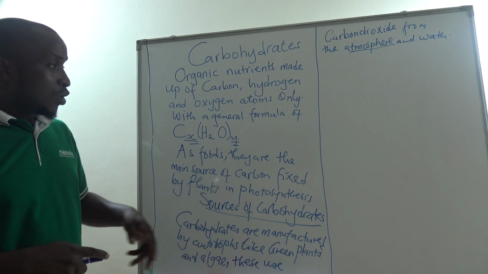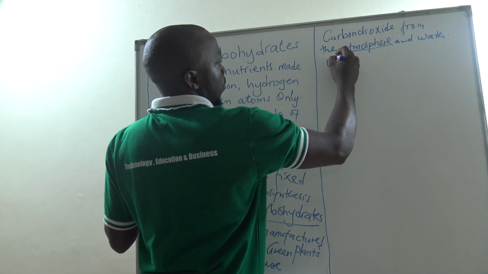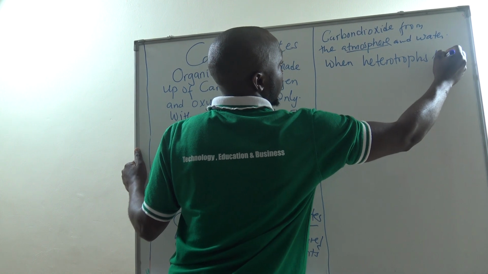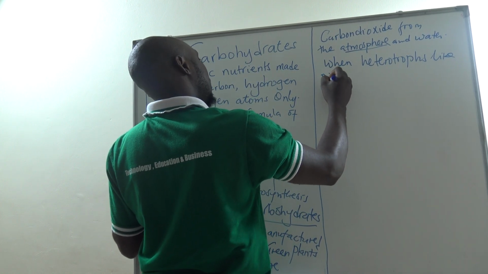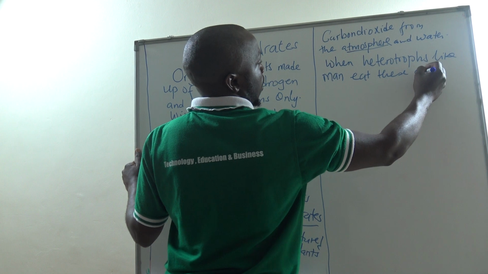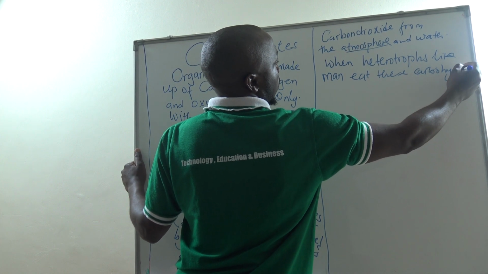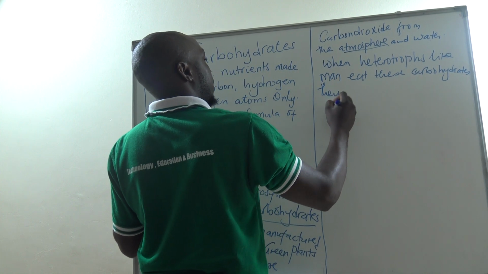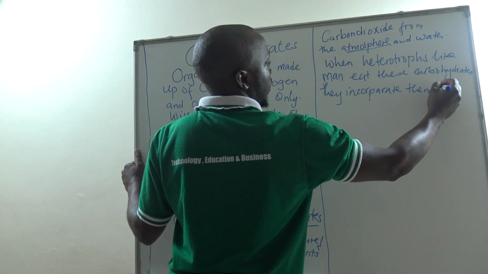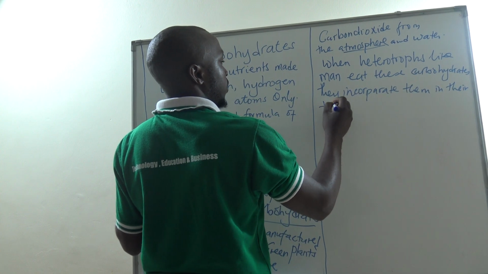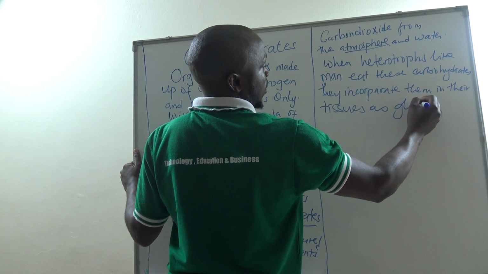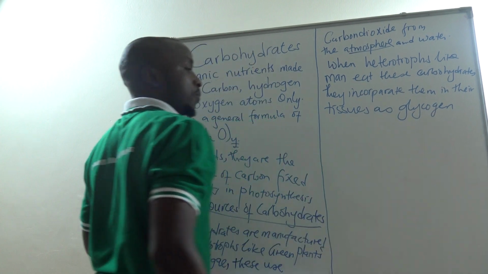Nevertheless, when heterotrophs like man eat these carbohydrates, they incorporate them in their tissues as glycogen, but to a lesser extent.